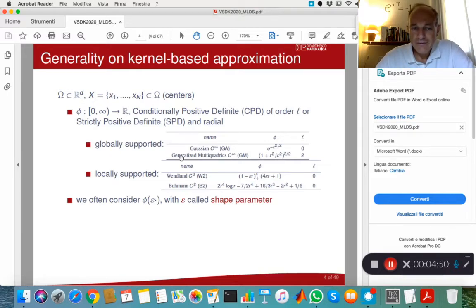But there are other families. One other family is called the generalized multiquadrics. The definition is this one. In this case you see a kind of square root, but with a 3 over 2. The function is conditionally positive definite of order 2.